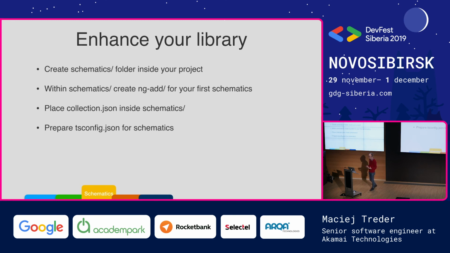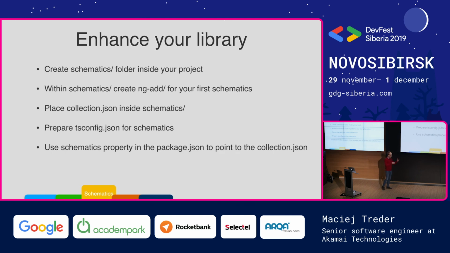What is important is that you need to prepare a separate TS config for your schematics, because you are going to compile 2 different things. The one thing is your library, the other thing is schematics for the CLI. You could think about that as 2 projects within one.